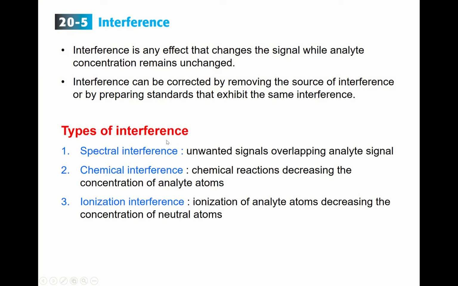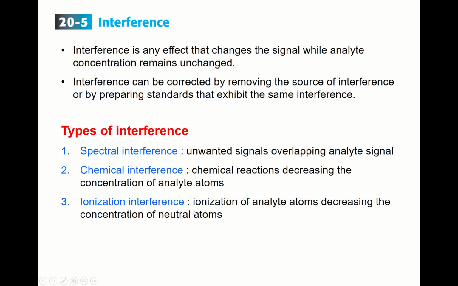There are three types of interferences. The first one is spectral interference, which is unwanted signals overlapping the analyte signal. The second one is chemical interference: chemical reactions decreasing the concentration of analyte atoms. And the last one is ionization interference: ionization of analyte atoms decreasing the concentration of neutral atoms.